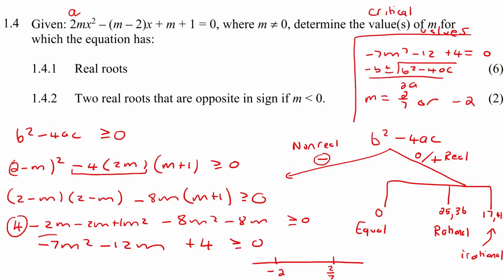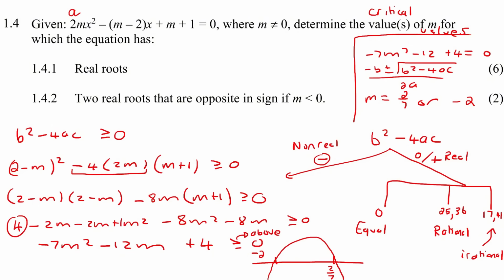Now, if you look at this expression, it is a parabola, because it's got that square term. And it's got a negative in front of the square term, so it's an unhappy, or it's an upside down parabola, so it's going to go like that. Now, they want to know, where is that parabola bigger than or equal to 0? That means above the x-axis.